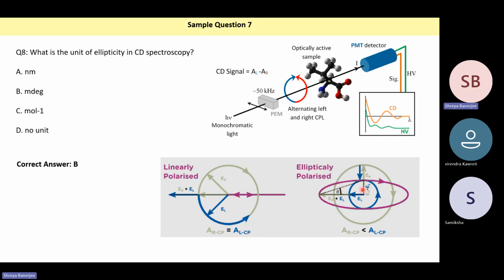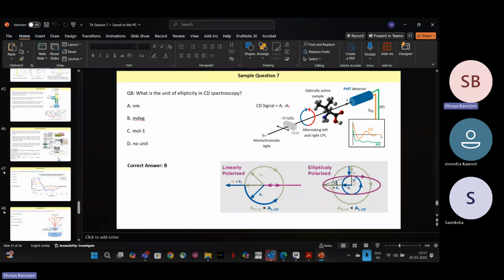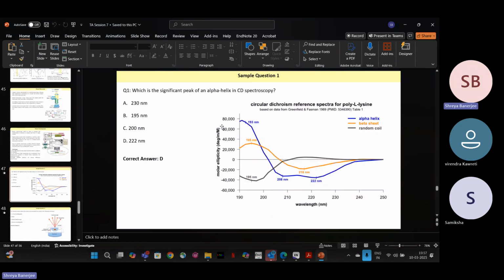So if you imagine this upper arrow as the right polarized light and this blue arrow as the left polarized light, then what we actually plot in the y-axis, you can see in one of the CD plots, is the ellipticity, and that unit is actually degree.